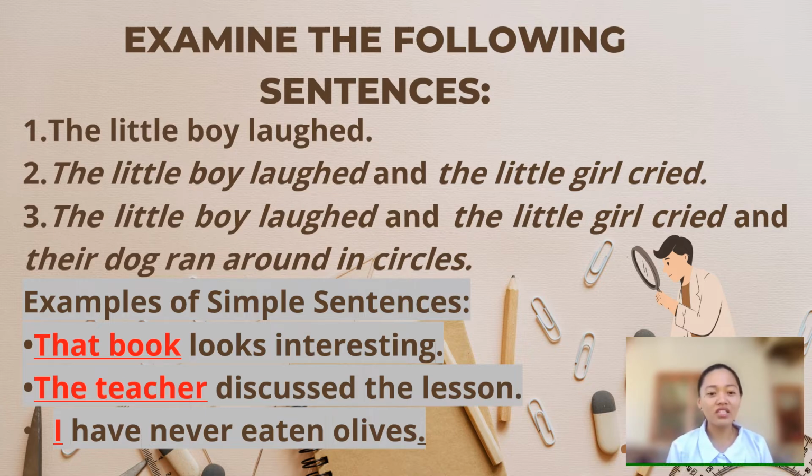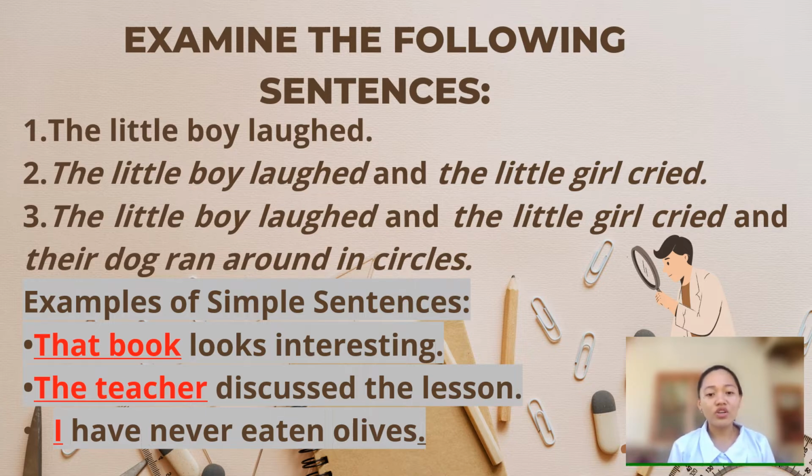So what makes the first sentence the simple sentence? It is because our first sentence has only one clause. So obviously you can see in number 2 that there are two clauses. Our first clause here is the little boy laughed, and then the second clause is the little girl cried.